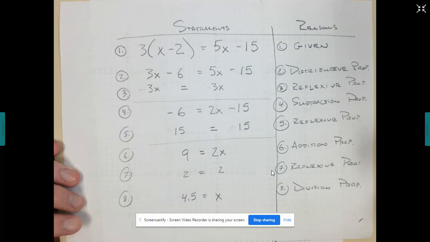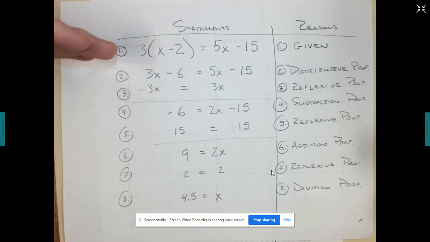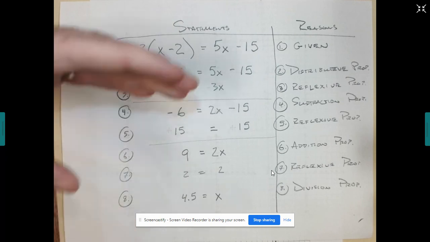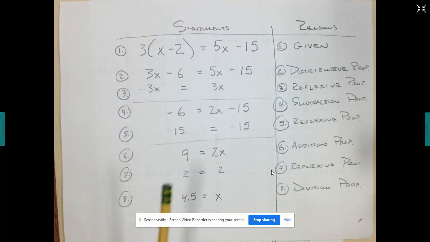So that is a way to take a normal algebra problem that you already know how to solve and convert it into a very slow, methodical walk through, trying to show everybody a reason for every move that we made. All right, that's all a proof is. It's ideas that you already know, but can you slow it down and go step by step so that somebody can really follow your way through the problem. Good luck.